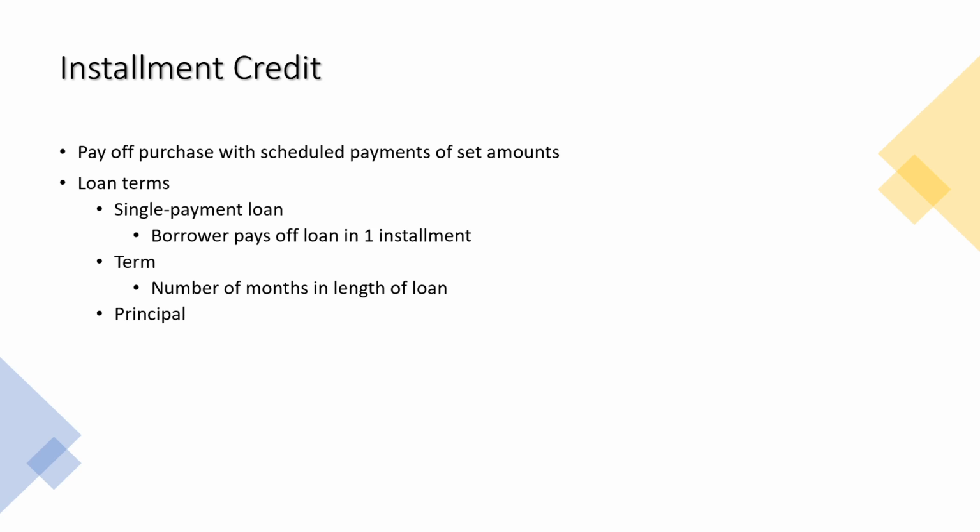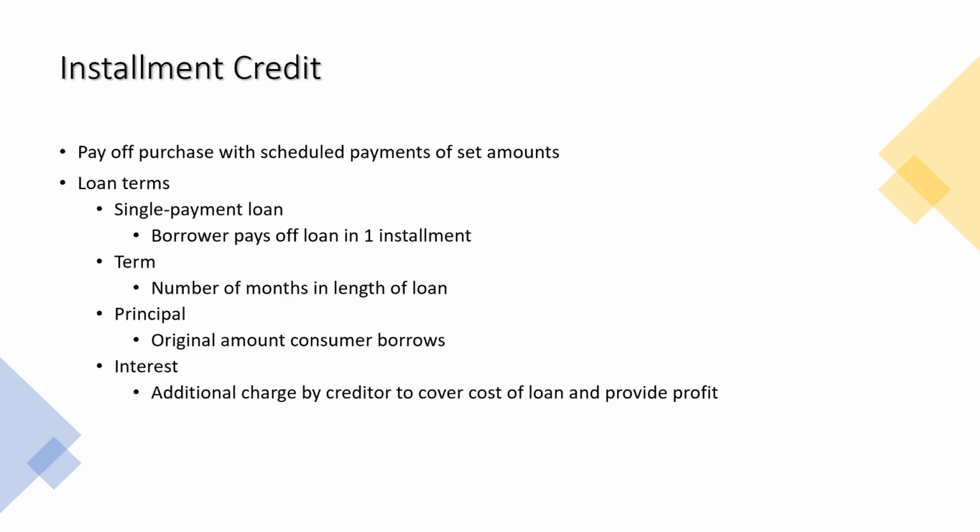The principal on a loan is the actual amount that is being borrowed. And you want to keep straight your principal versus your interest, because when you make payments on the loan, they break them apart for you. The interest is the amount that you are paying for the right to use the loan.